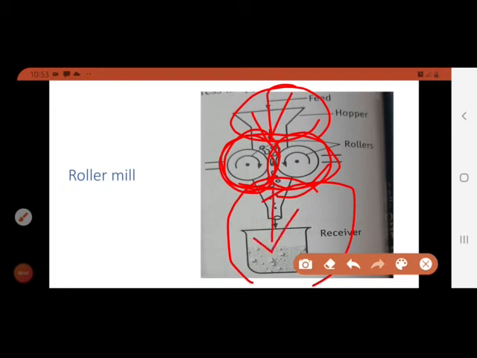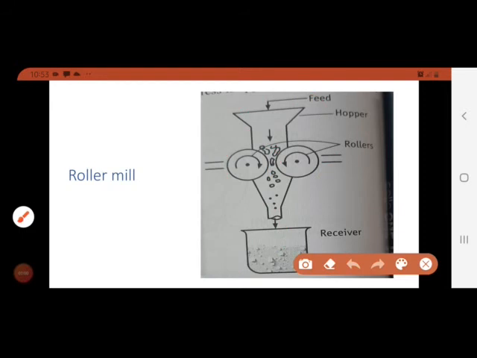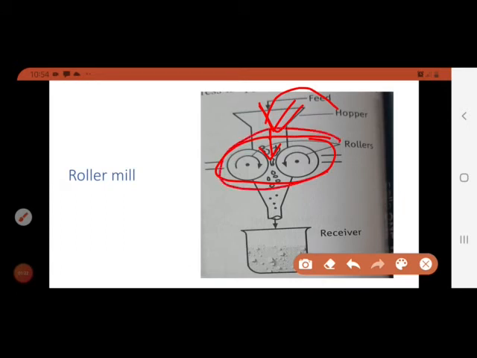Let's see about the working. The roller is allowed to rotate. After that the feed is allowed to enter into the hopper. The feed enters the gap between the wheels, so that the materials are crushed by means of the wheels under high pressure.